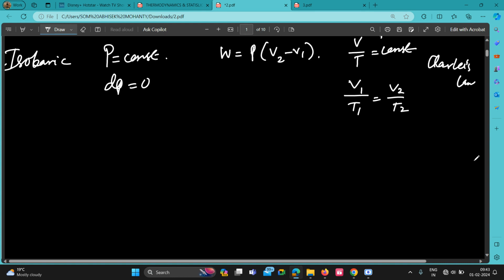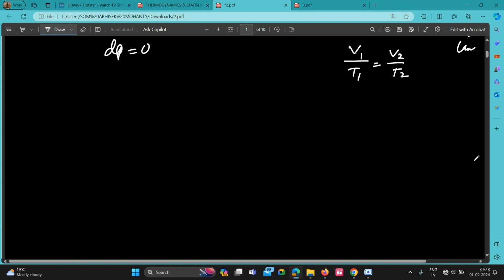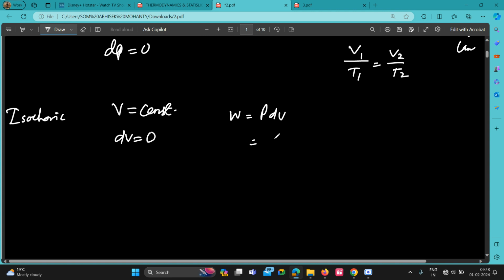Next is isochoric process. Isochoric means here volume will be constant. That means dV is equal to 0. So here W is equal to what? PdV we know, and as V is constant, dV will be 0, because V2 is equal to V1.